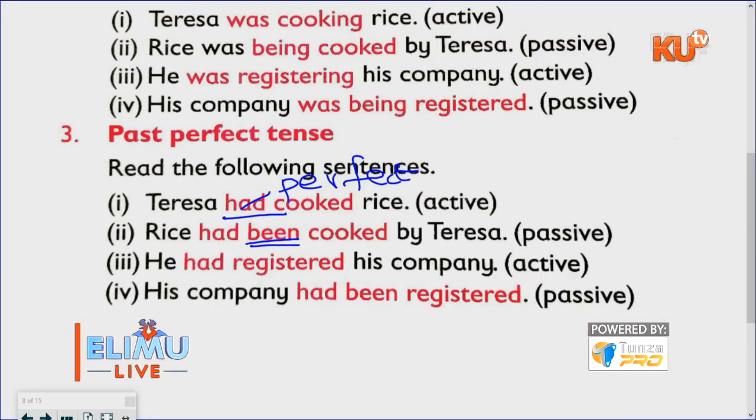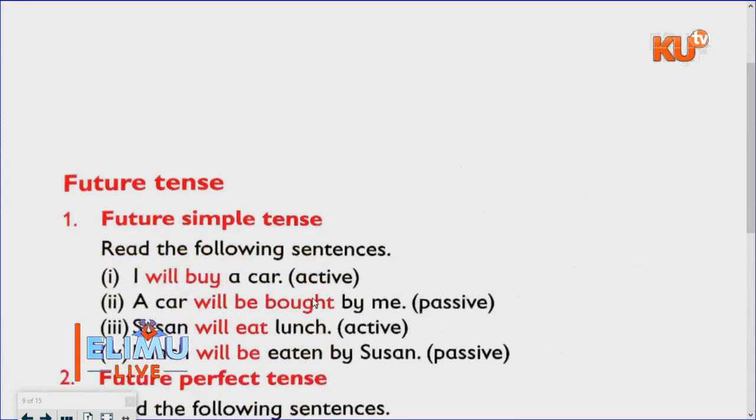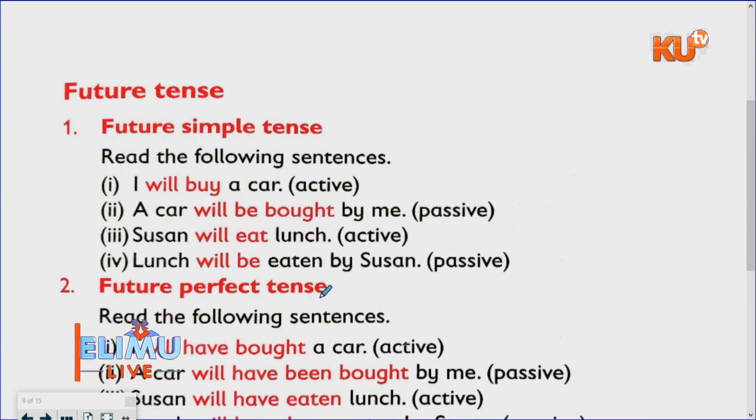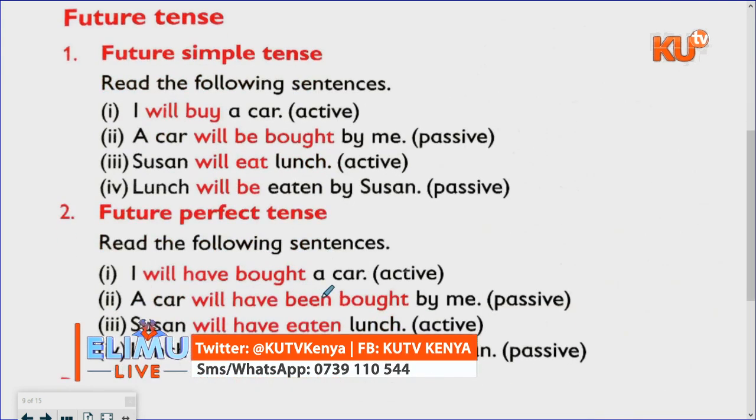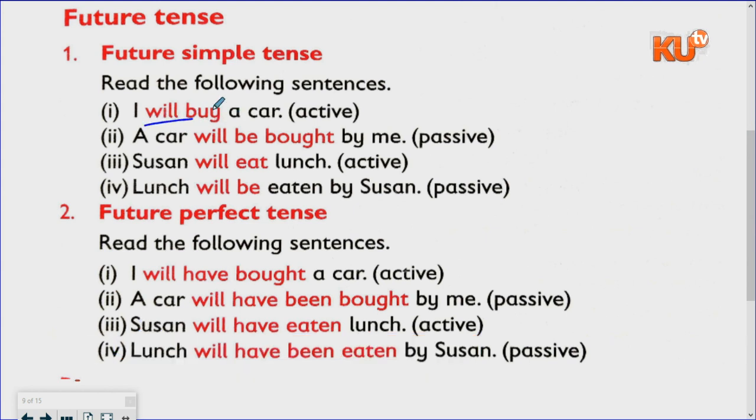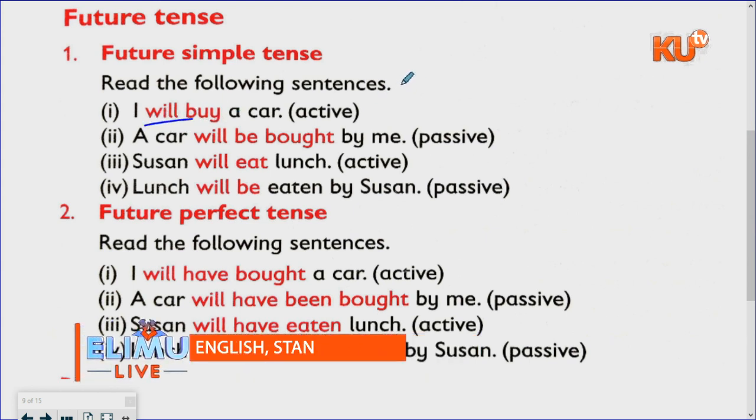Let me continue. Future tense. How will future tense change from active voice to passive voice? Read the following sentences. First, I will buy a car. Will indicates future tense.